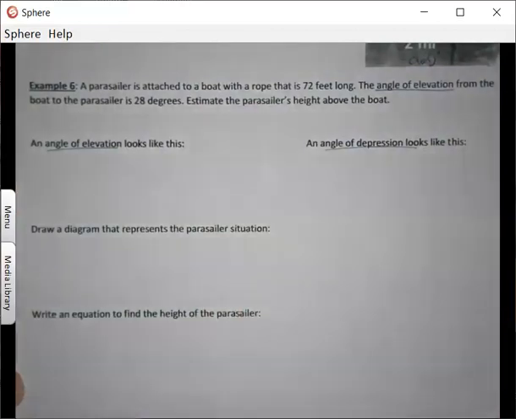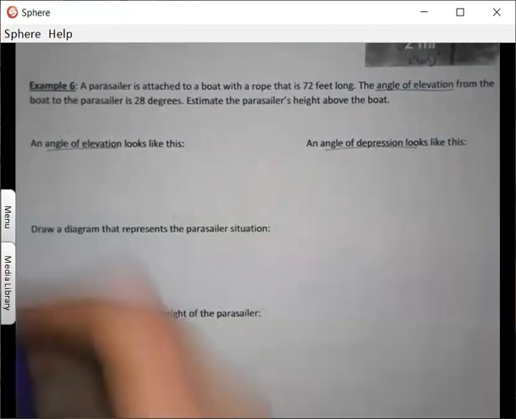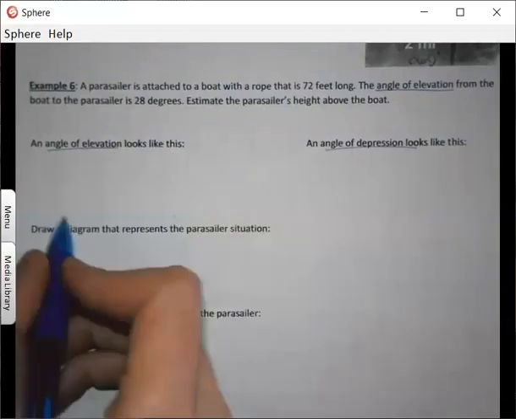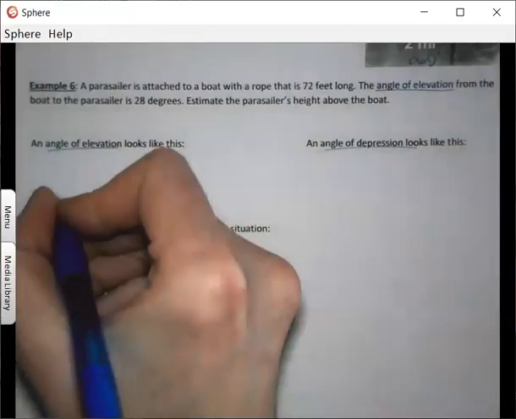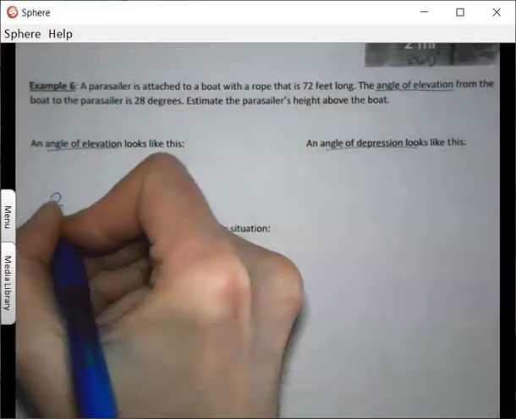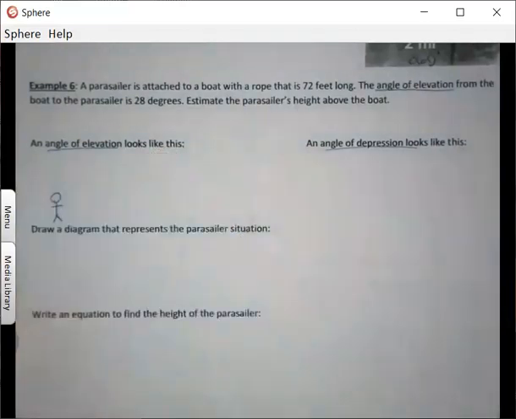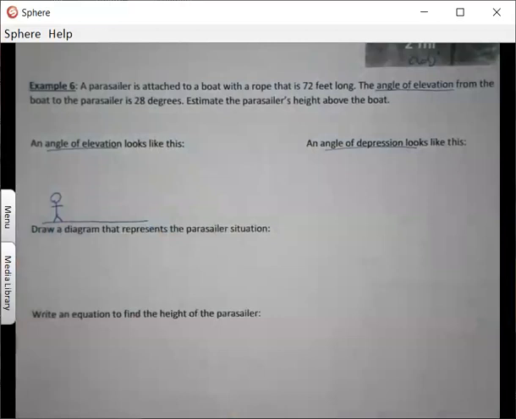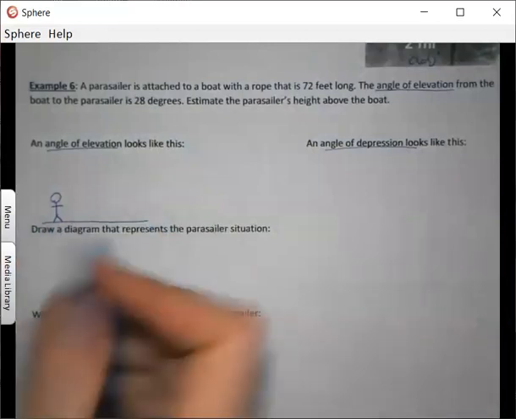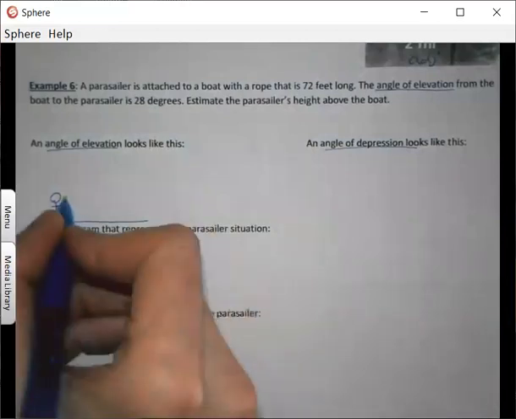For an angle of elevation and depression, you need somewhere to start, and you need something like an observer. Sometimes we'll use the ground as a reference. Sometimes we can use a person or an object. So say we're using a person, and the person is looking straight ahead. That's our reference.